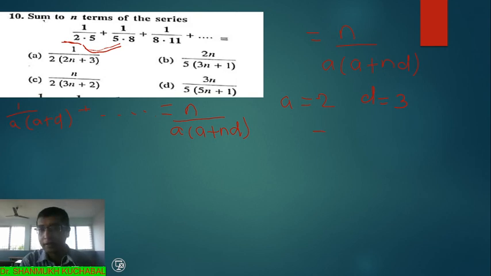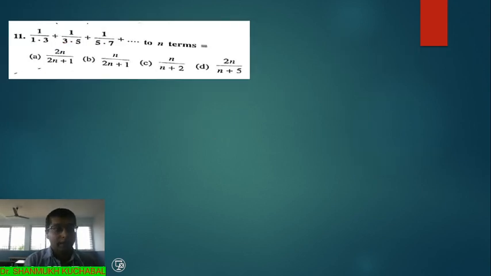We get n divided by 2 into 2 plus 3n. This is our answer. Therefore n divided by 2 into 2 plus 3n, that is option C, n by 2 into 3n plus 2, is the right answer.